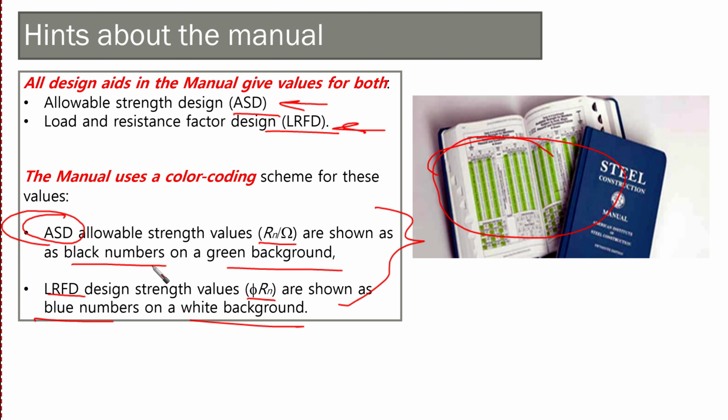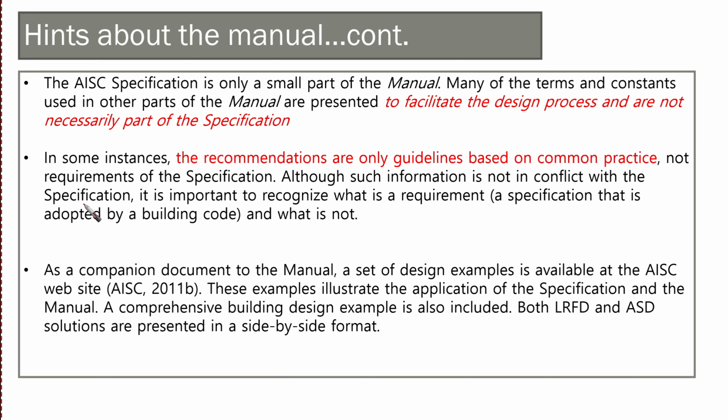Another important hint regarding the manual is that the AISC specification is only a small part of the manual. Take care that we are talking about the specification, which is, as we said, part 16, and we're talking about the manual, which has, as we have seen, 17 parts.